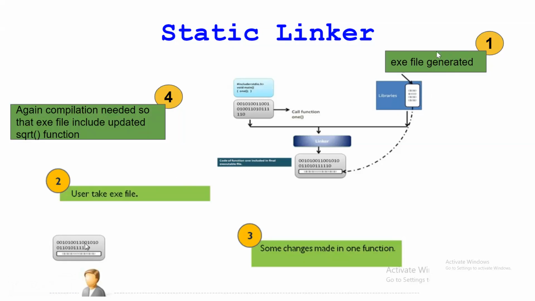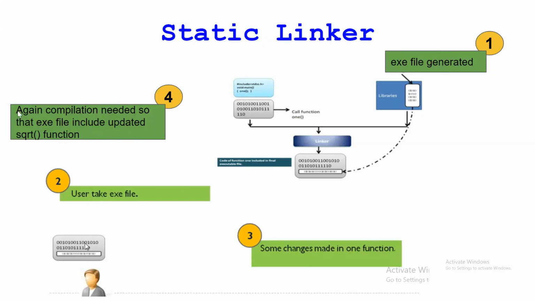So here they have also shown the steps. Exe file generated. First step, the user takes the exe file. Then some changes are made in the original file. And if you want the correct output, compilation is needed again, so that the exe file includes the updated sqrt function. This include means the hash include stdio.h.